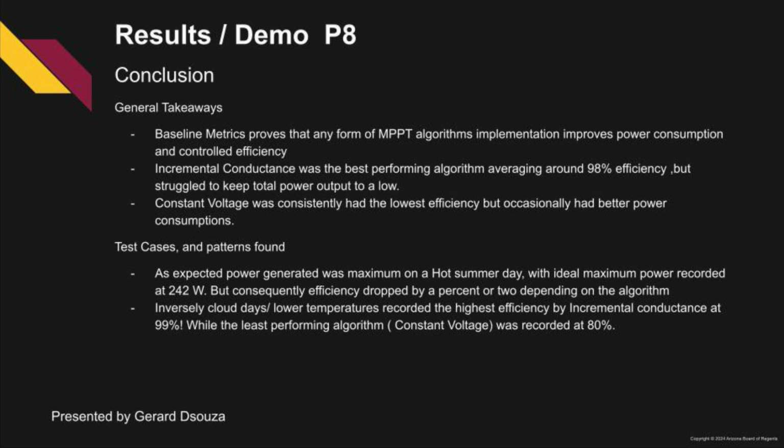So the efficiency figures are better on a cold winter day, and though we had the highest values on a hot summer day, the averages on a cold winter day and a cloudy day show better efficiency figures. Constant voltage also recorded its best numbers during those test cases. So that's our results section.